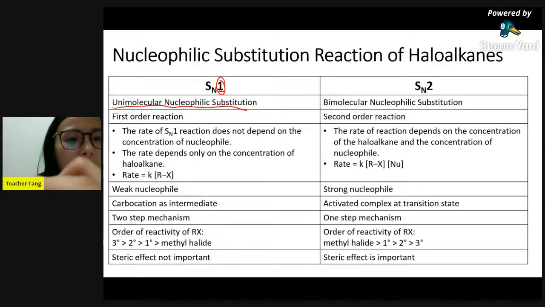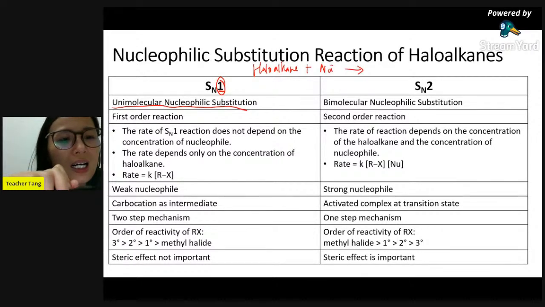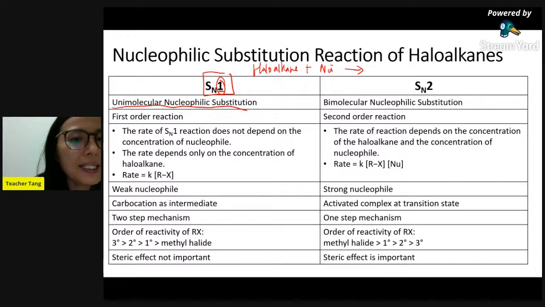Remember just now, haloalkane needs to react with nucleophile in order for the substitutions reactions to occur. If in SN1, okay, basically at the slower step of the reaction, it only involves haloalkane.